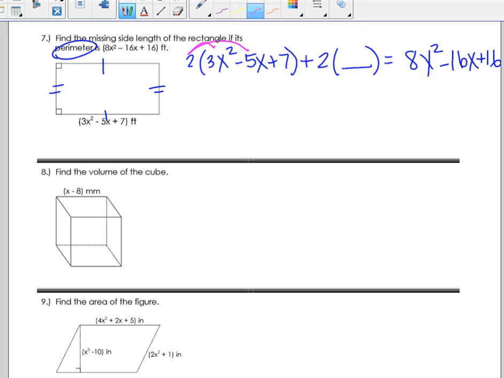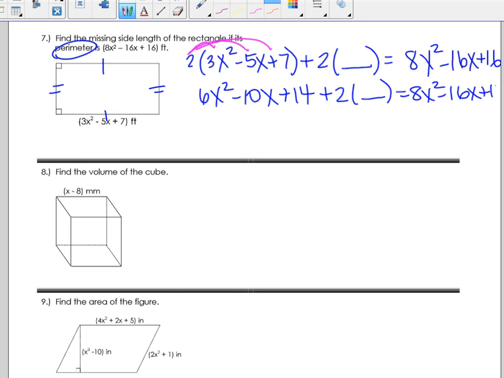So distribute here, and we end up with 6x squared minus 10x plus 14 plus 2 times something equals 8x squared minus 16x plus 16. So if I'm trying to get this by itself, so eventually I can divide by 2, I'm going to get rid of my 6x squared to the other side.